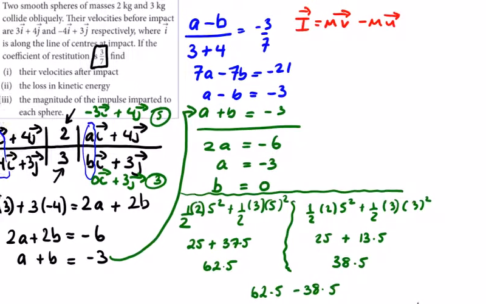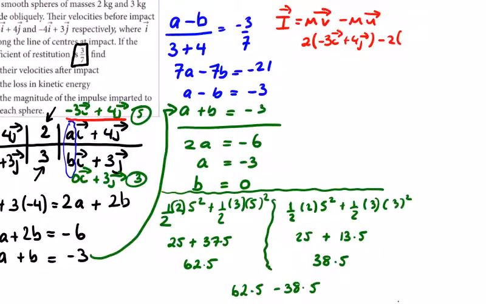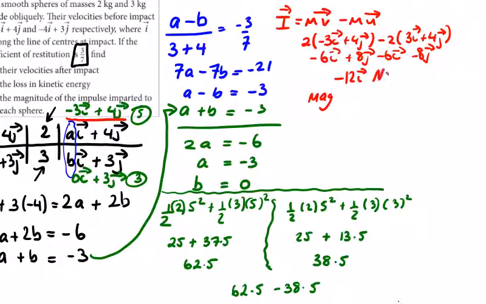We take the 2 first, we'll have 2 times minus 3i plus 4j, and then minus the 2 times what it started at, which was 3i plus 4j, and we should end up with no j here: minus 6i plus 8j minus 6i minus 8j. So we're just going to get minus 12i for the impulse, and the magnitude is 12 Newton seconds.